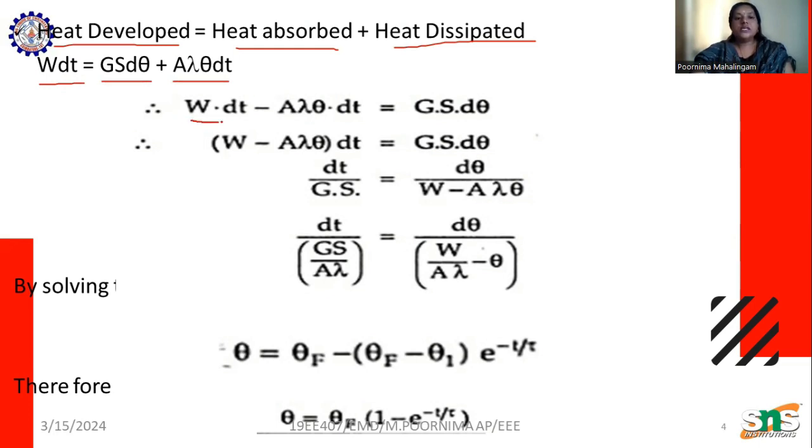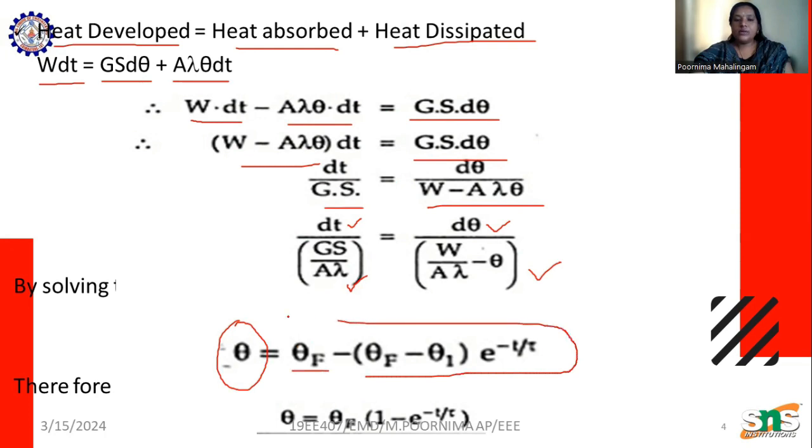Now we rearrange these equations, and finally we get this equation with respect to temperature change and gamma.